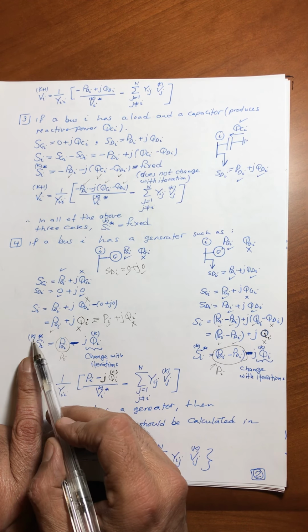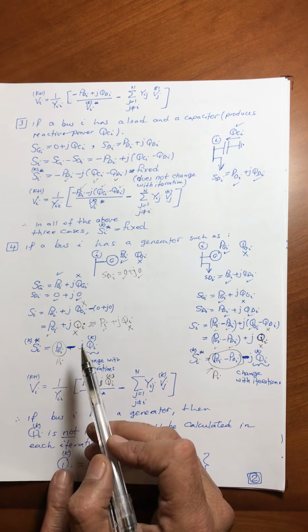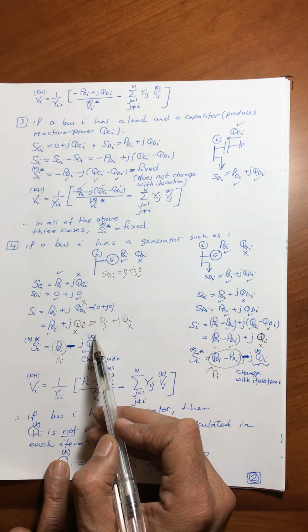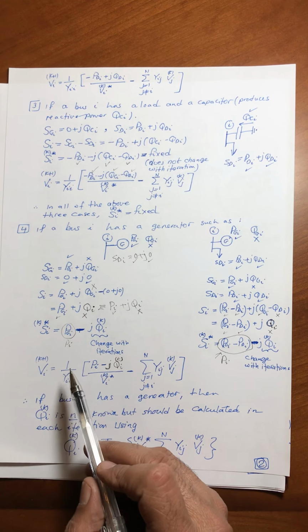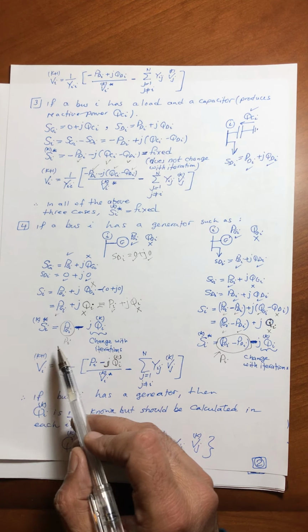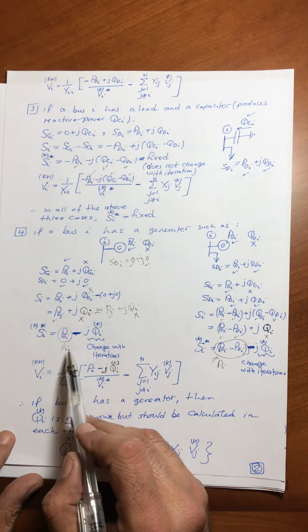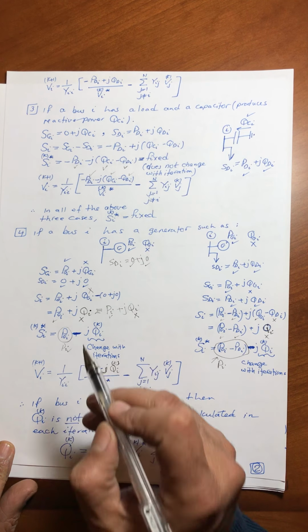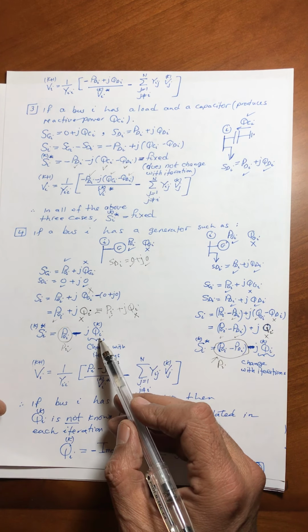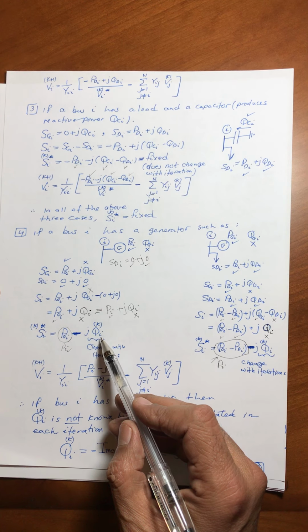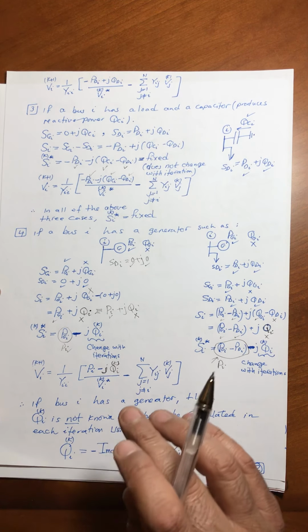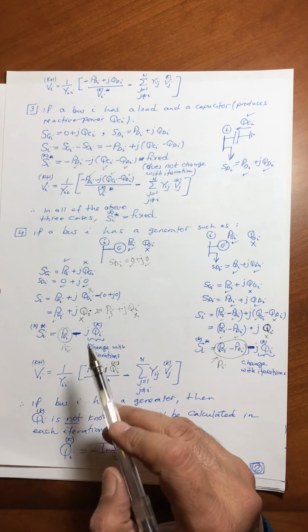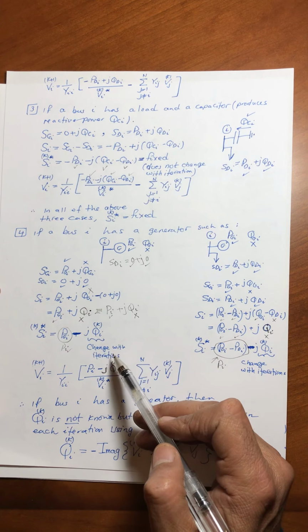If you put the counter K, it will appear here on QI. So we notice here the real part of the net injected complex power is known, but the net injected reactive power at bus I is not known. Not known means this value changes with iterations.